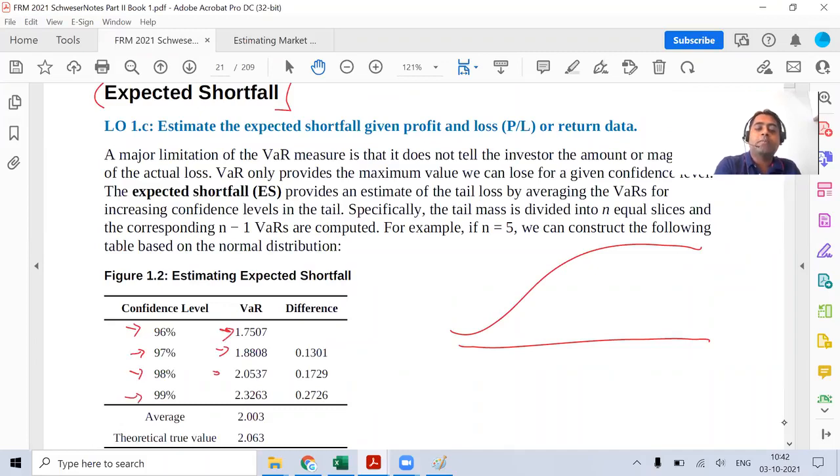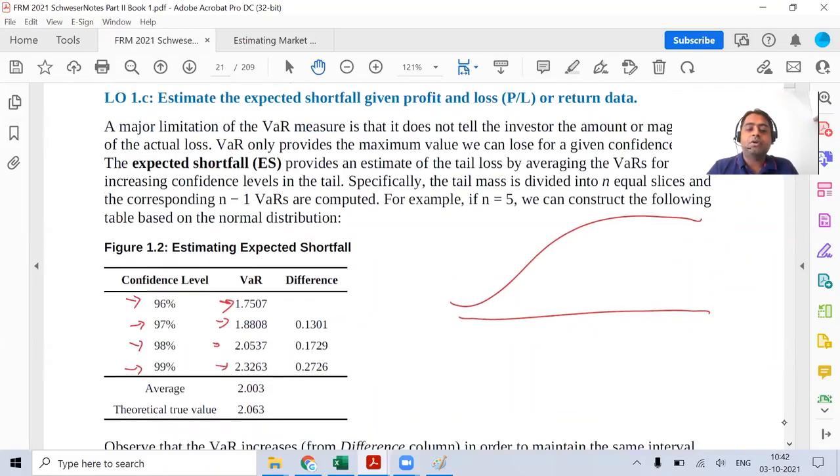So we have 4 data points which are above that actual VAR point. We have taken an average of that, and that is coming at around 2.003. This is nothing but your expected shortfall. Whatever those numbers were, 1.75, 1.88, 2.05, we have taken the average and it is coming at 2.003.